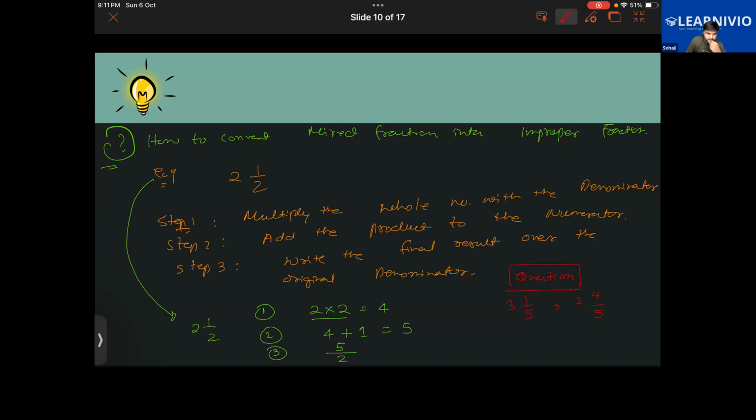Sir, are we going to have more tests in the tuition? Sure, you will be having more tests. The test for fractions is left now. Once you are done with this, you will be giving a test for this also.